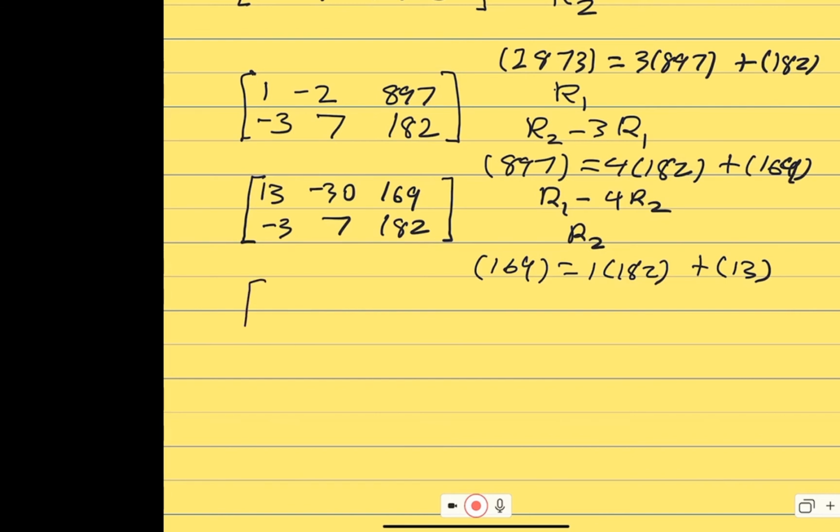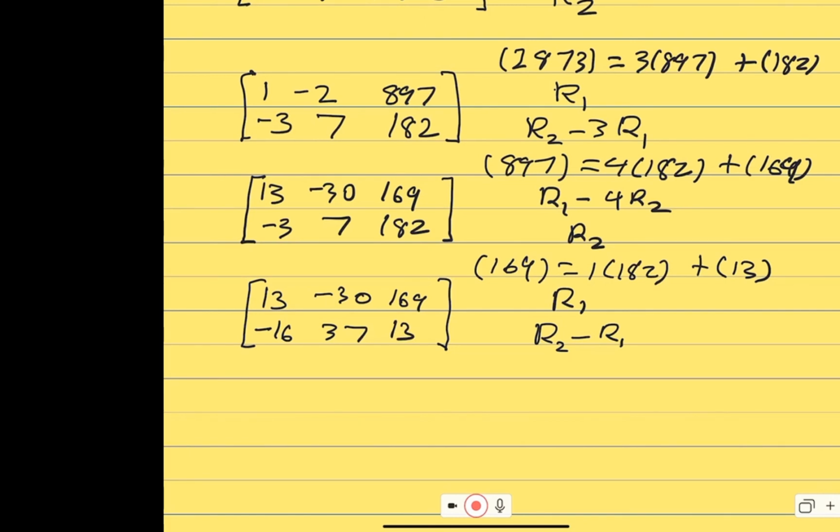So this time row 1 is going to stay the same, and I'm going to take row 2 minus row 1. And this is now going to give me 13, minus 30, 169, and minus 16, 37, and 13.